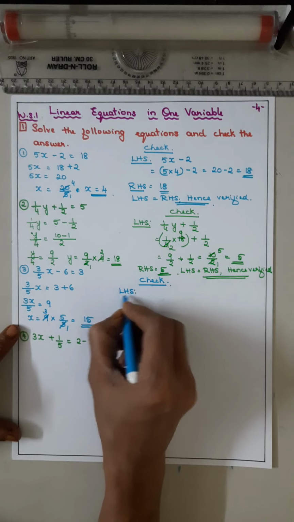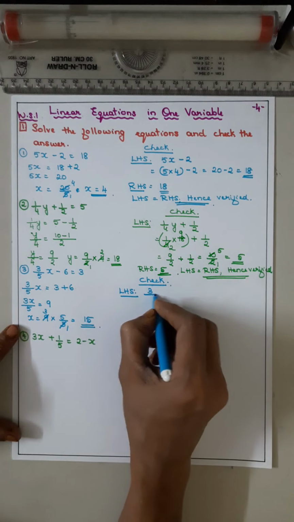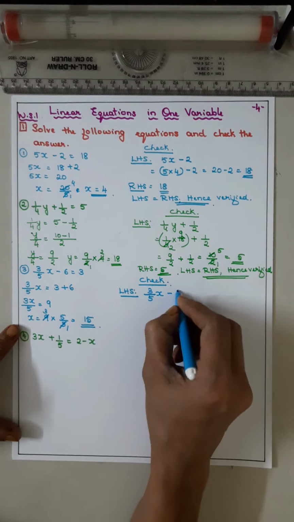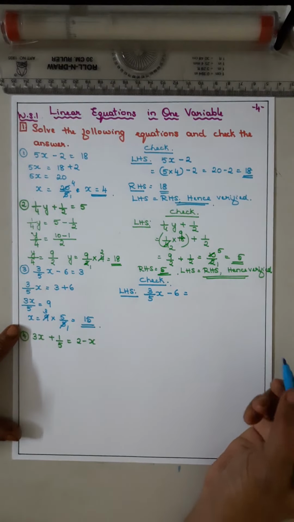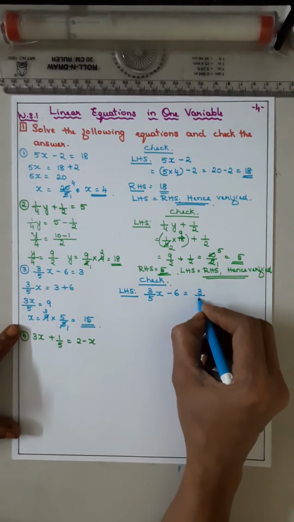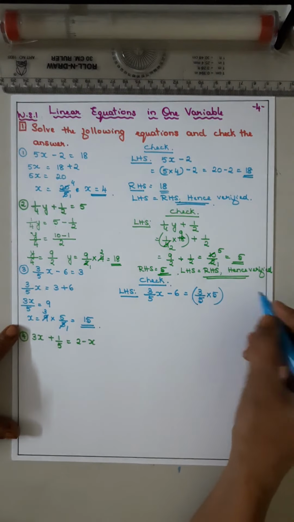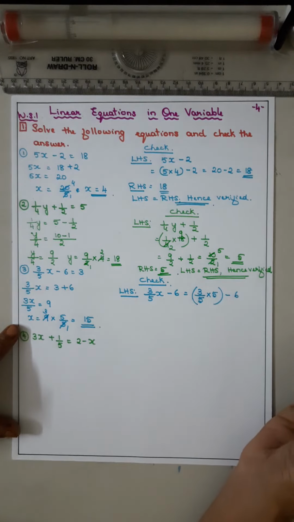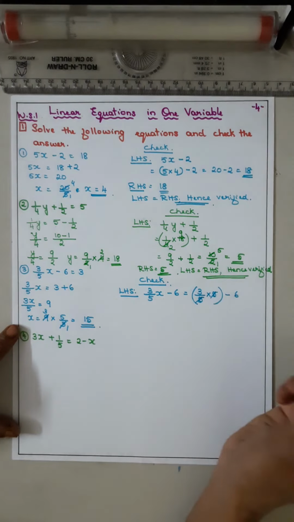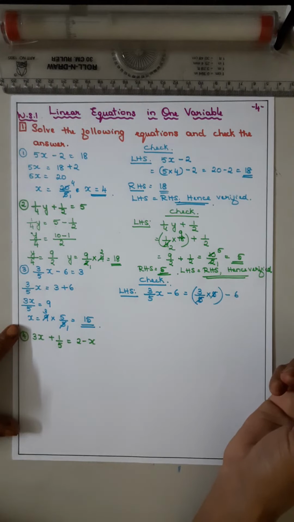LHS, how much is it given? 3 by 5x minus 6. Put the value 3 by 5 into 15 minus 6. So it will be 5 and 5 cut.